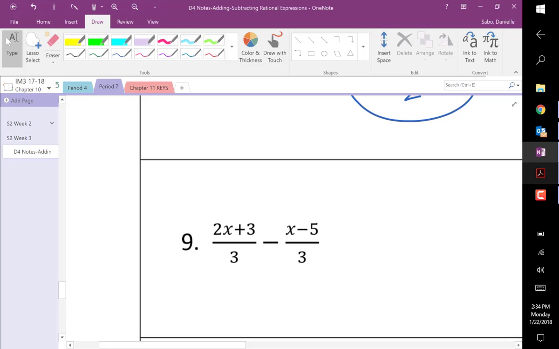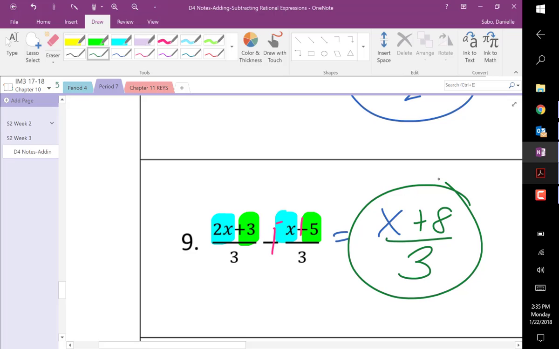Here's this one. Okay, hopefully this is what you got. Or at least close to it. Remember, you distributed that negative, and there was nothing else I could do here, so I can move on. Give you a second to make sure that's all written down correctly.